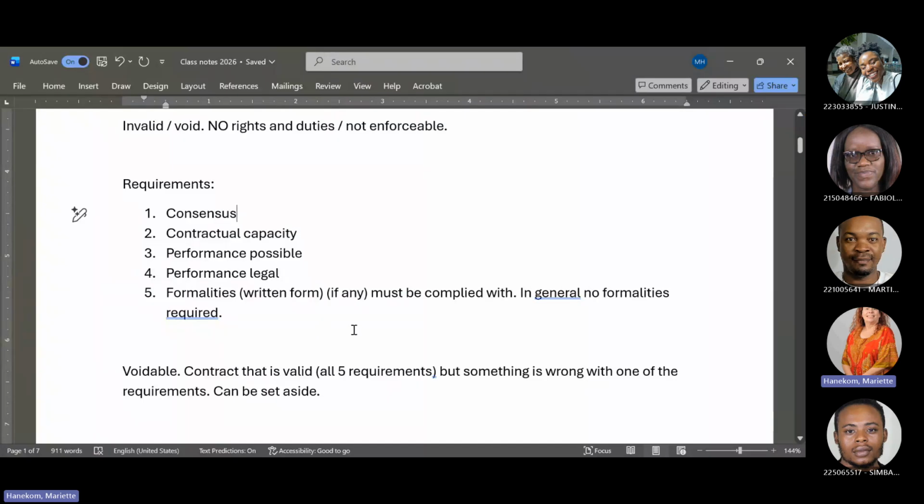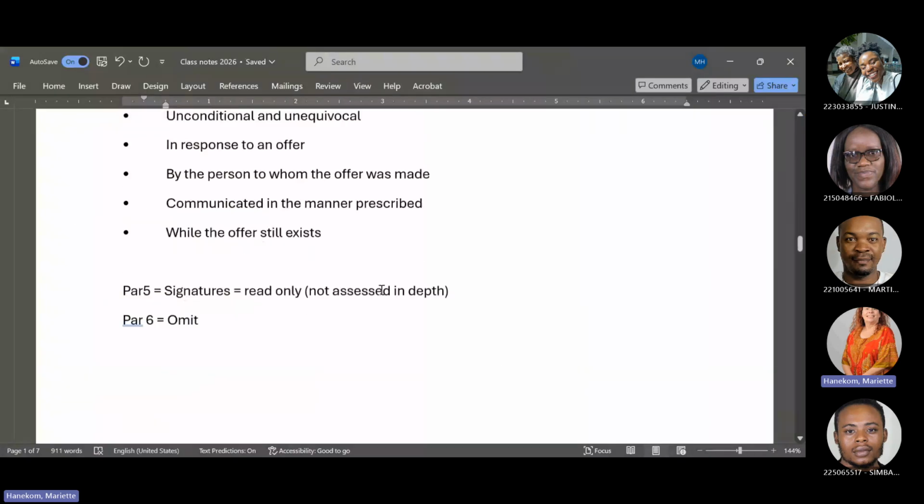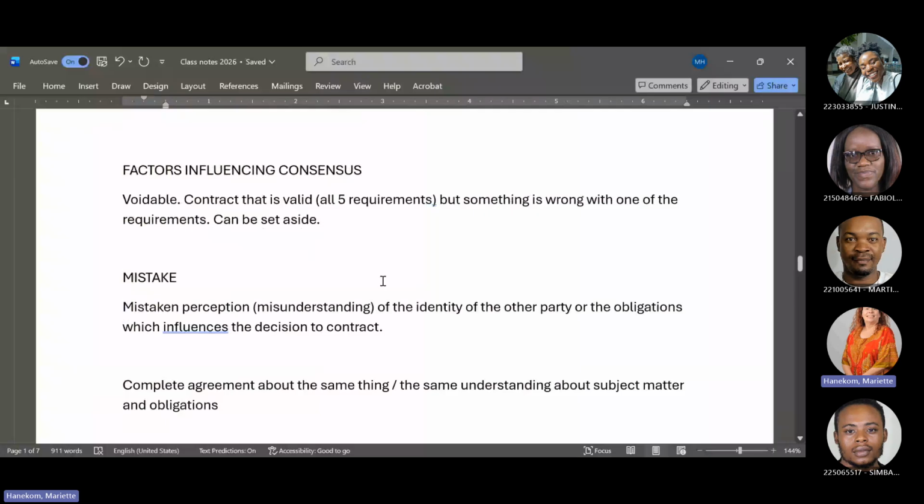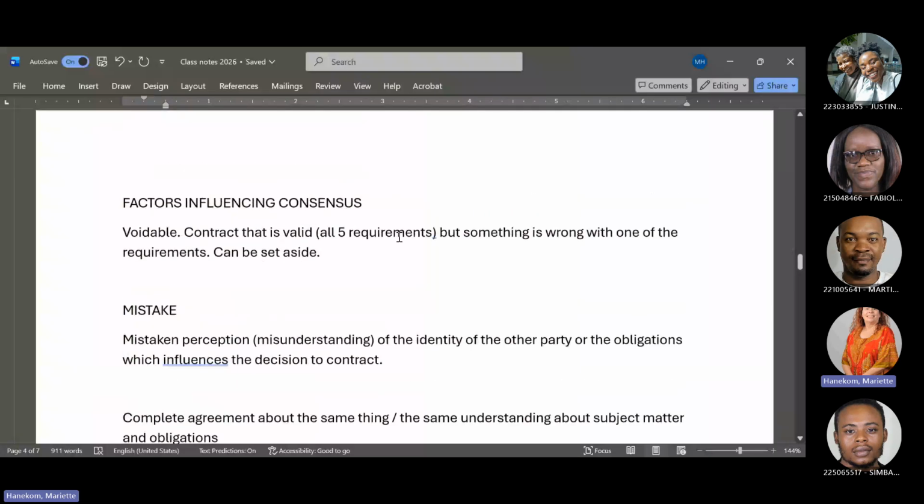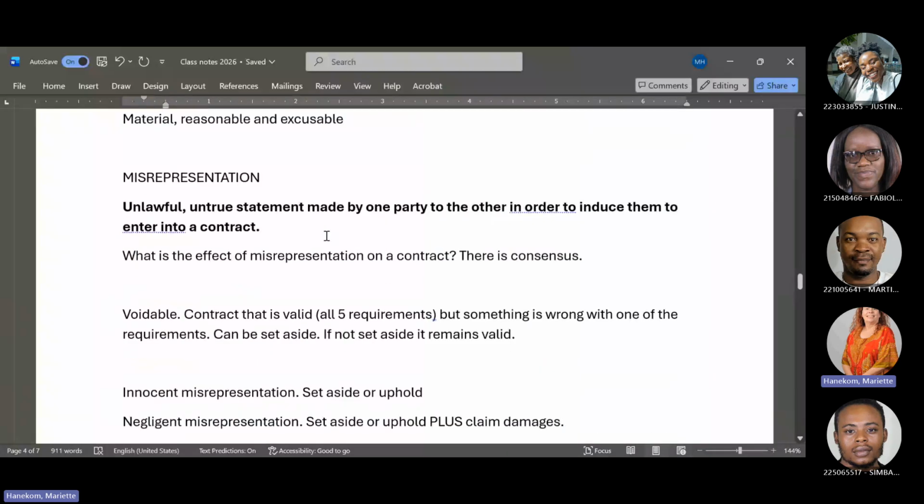So moving on then to look at the other requirements. We've looked at consensus. We've seen that in some instances there is consensus, but consensus was obtained in the wrong manner or for the wrong reason. The contract is valid, but it can be set aside.